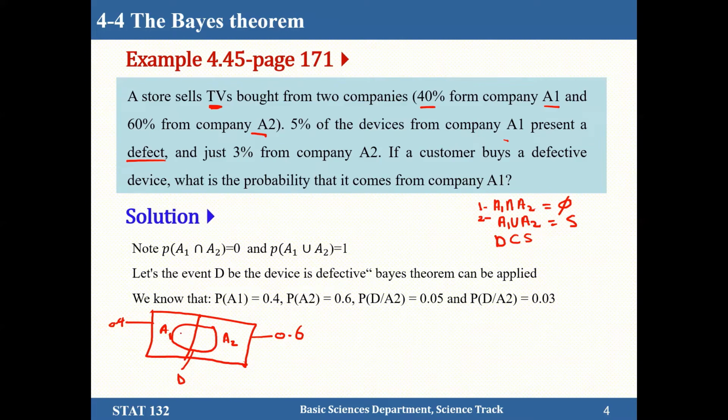So we just need to find this part and this part. D equals part 1 plus part 2. Part 1 equals the intersection of D with A1, A1D, plus part 2, which equals the intersection A2D.